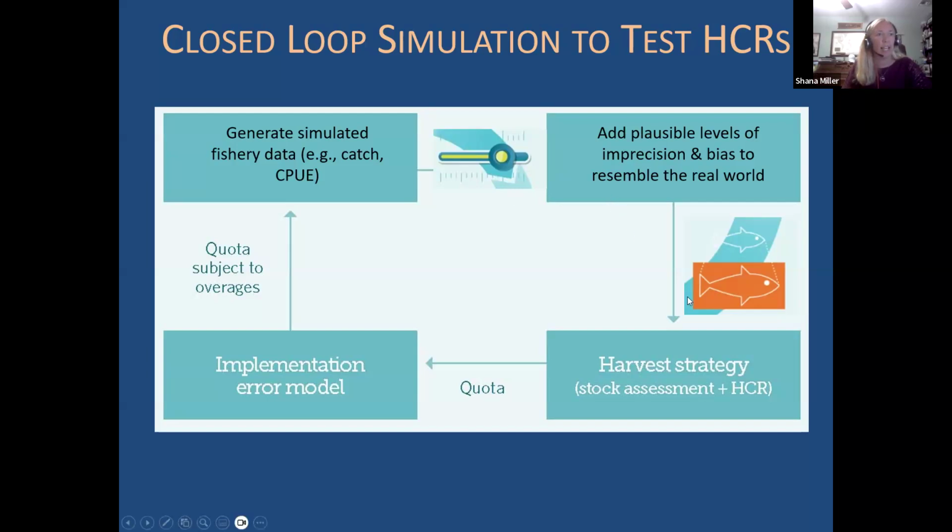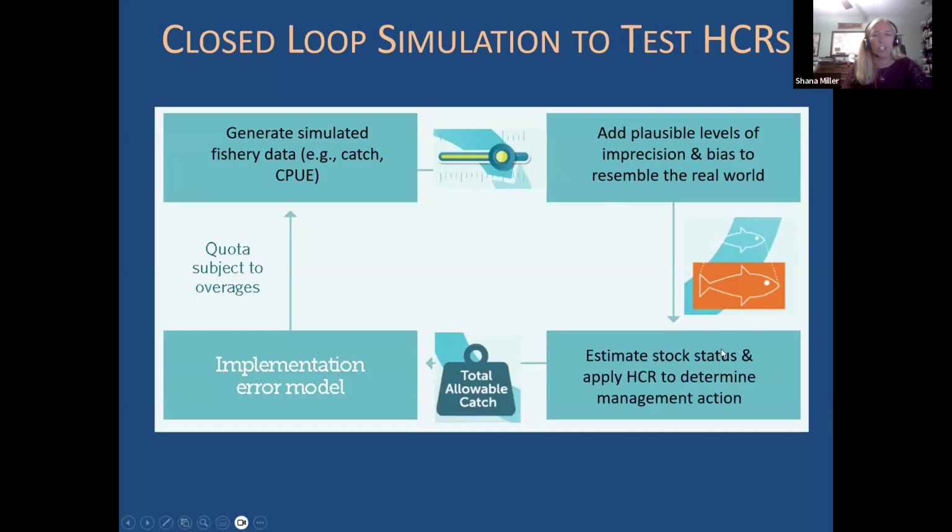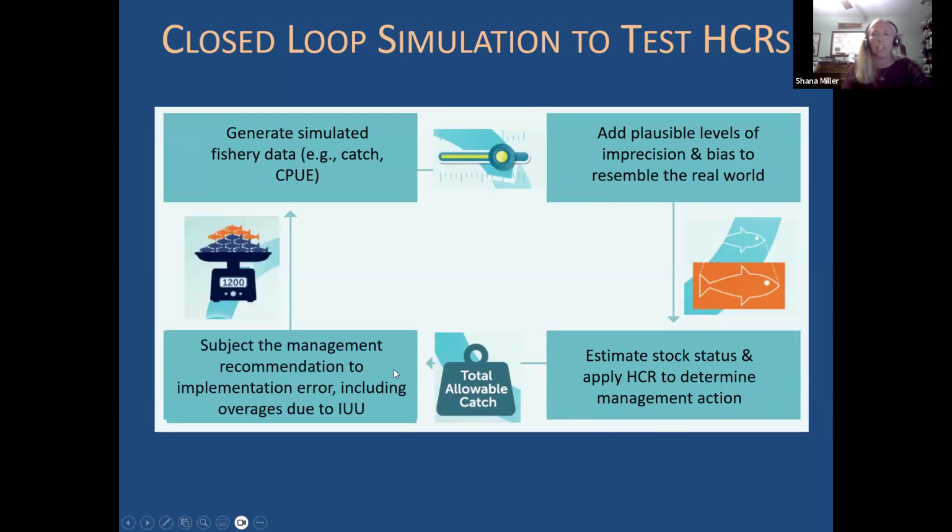We then put that into our harvest strategy to estimate our stock status and apply the HCR to set, for example, a total allowable catch. We then put that into the implementation error model, which says whether we implement the management perfectly or maybe we catch a little bit extra because there's some illegal fishing in the fishery, or we undercatch because of domestic regulations that don't allow the full quota to be caught, something like that.